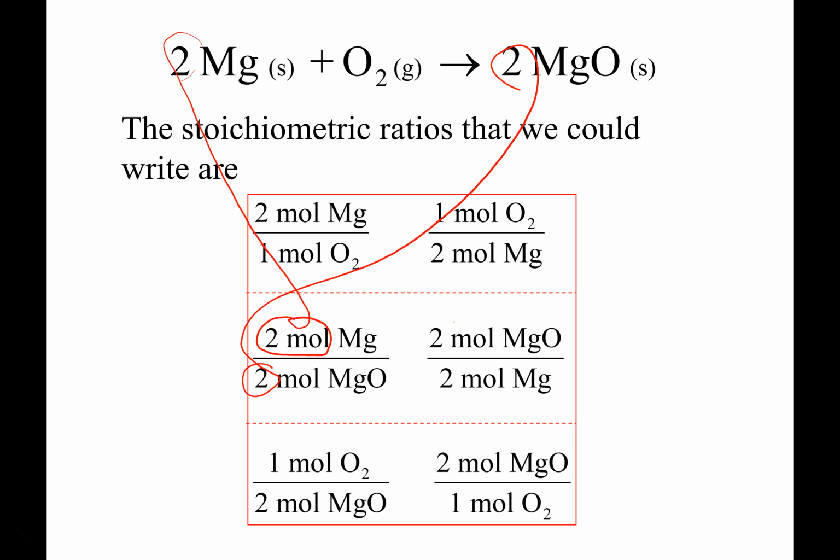So these are 6. While we're on this slide, we're going to call these A, B, C, D, E, and F, because we're going to work a problem using this balanced equation. One of these 6 is going to be the one we use to get us down the road. We're going to work a few problems.